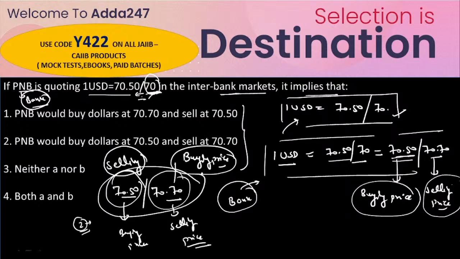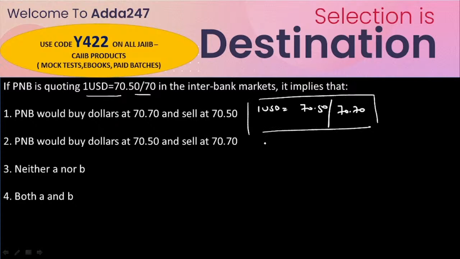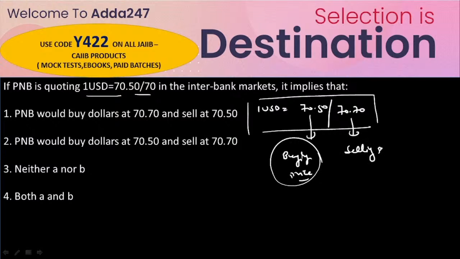Let me just repeat this once again. Listen, first you have to divide in this way, like 70.50 and 70.70. If this quotation is given, you always have to understand it with respect to the bank. So this is the buying price for the bank, and this is the selling price for the bank.